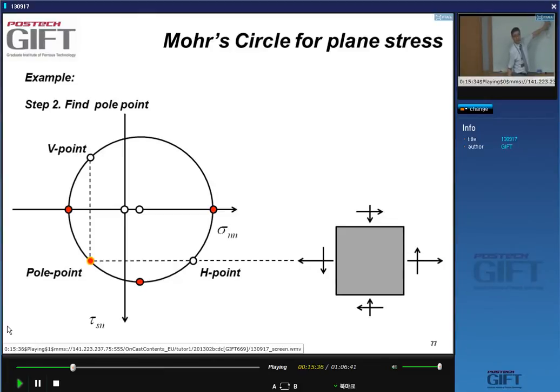Now, if I want to know the stress state on any elementary volume of surface at other orientations. So I want to know what's the stress state on this plane, or on this plane, or what is the orientation of the planes where I will have the largest shear stresses, or where are the orientations where I'll have a zero shear stress.